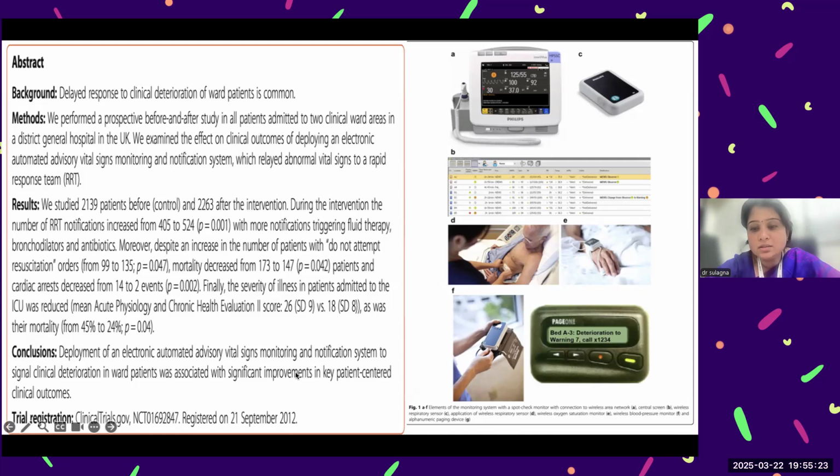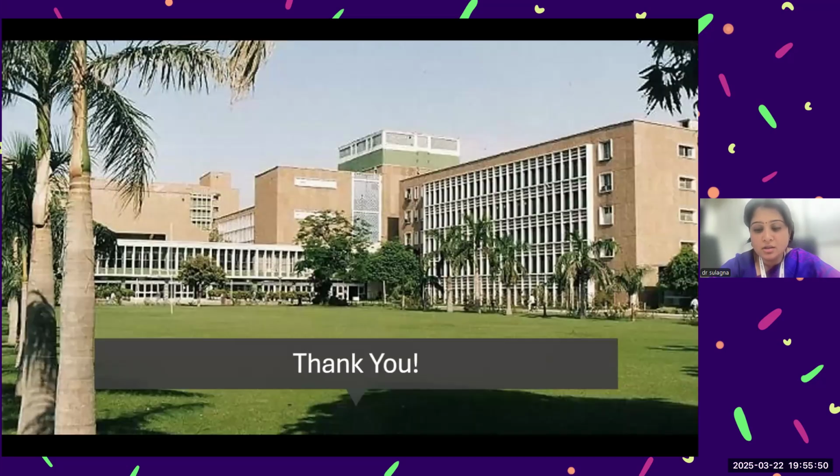So with all this multi-parametric monitoring at the bedside, whenever there is a significant clinical deterioration in the parameters, the nursing team will be alerted at the bedside. So a number of systems have come up, and they are being widely used. So this is the future of vital monitoring.